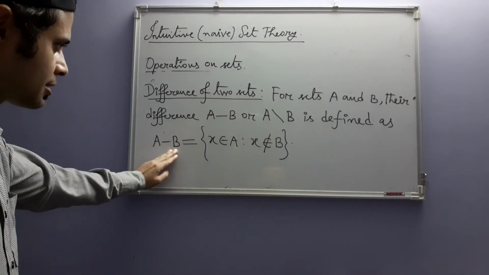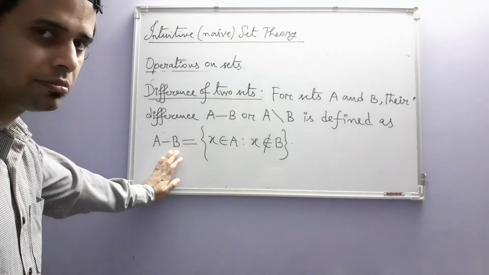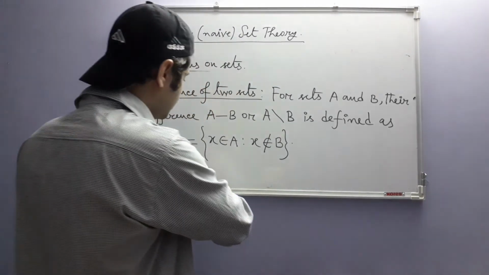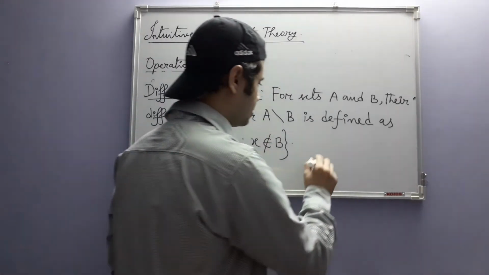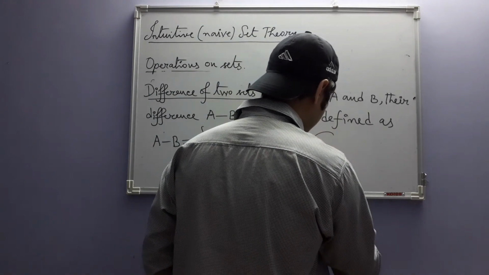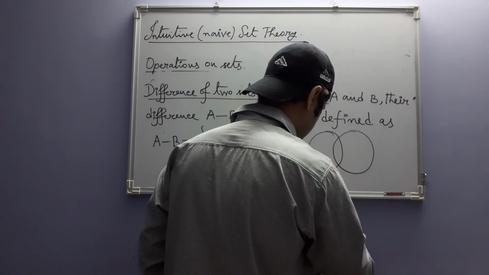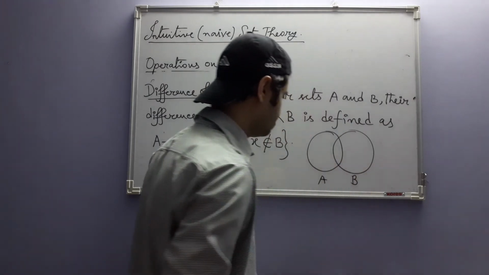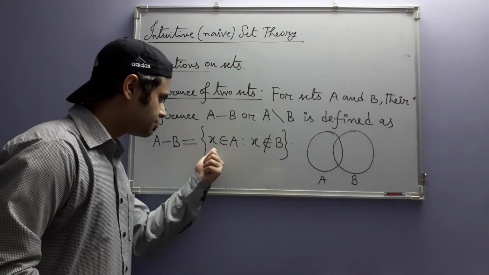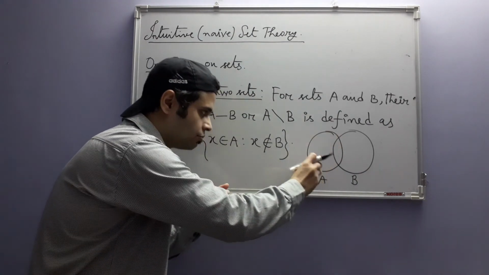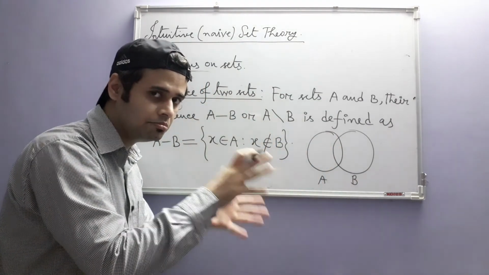We are subtracting B from A. Instead of starting now with examples, I show you the Venn diagram and you will immediately understand what this means. A, B. A minus B is the set of those elements in A which are not in B.